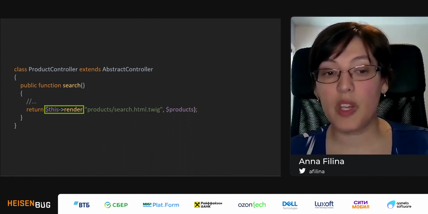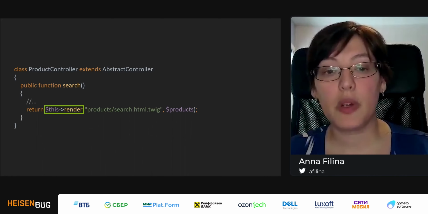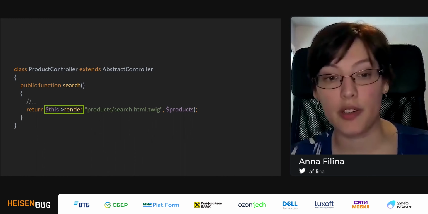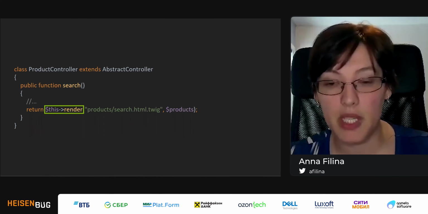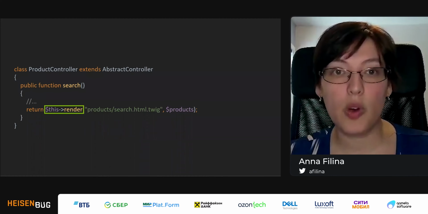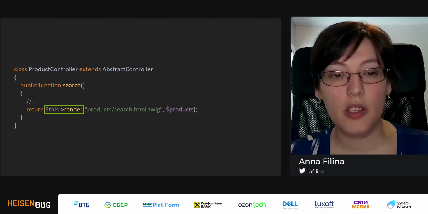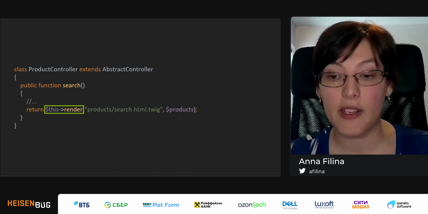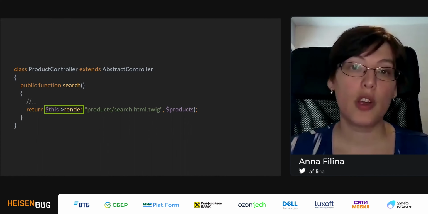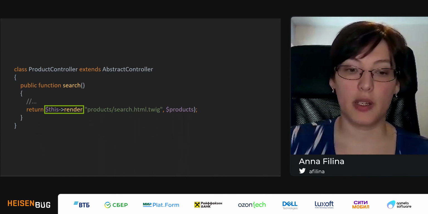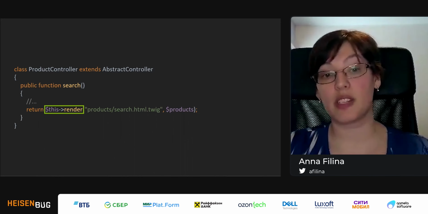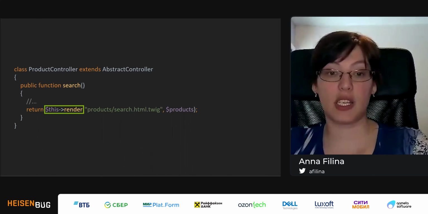Some people might say, okay, it's an abstract controller. Can I not mock the this->render method? Well, you can't really, because if you want to write proper unit tests, you should not do what I call partial mocks. You don't want to mock some of the methods, either protected or even public, that exist in the same class that you're testing.